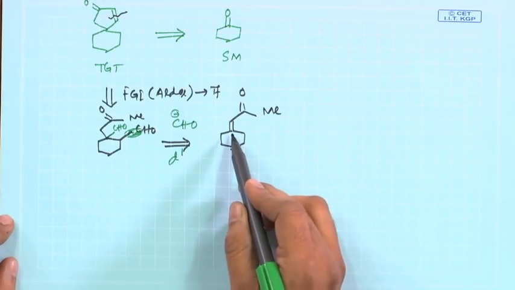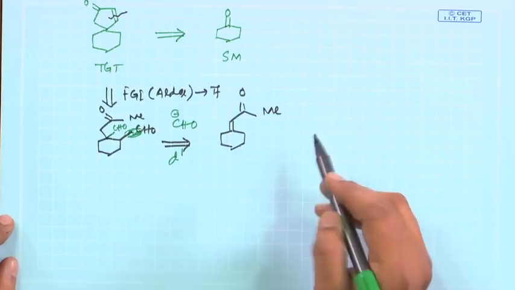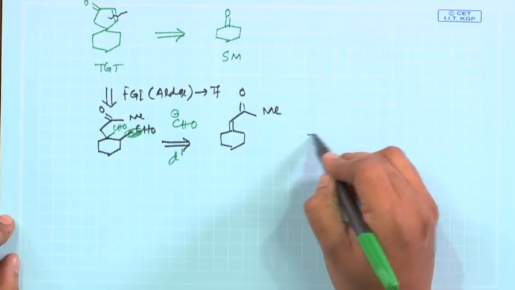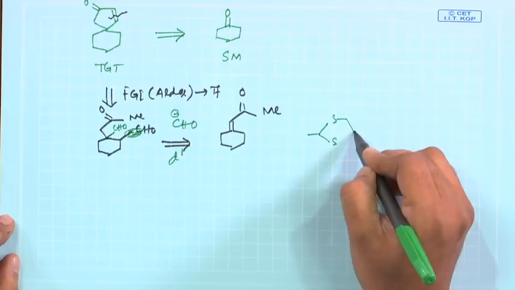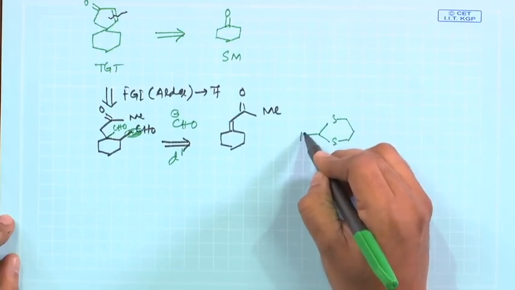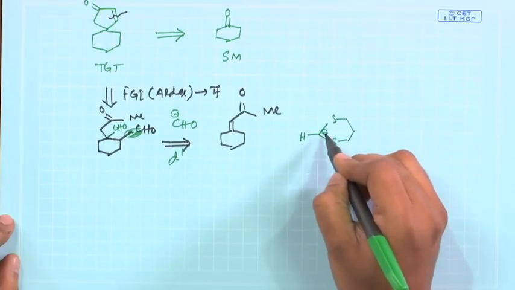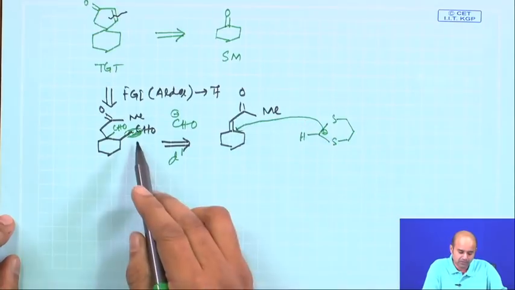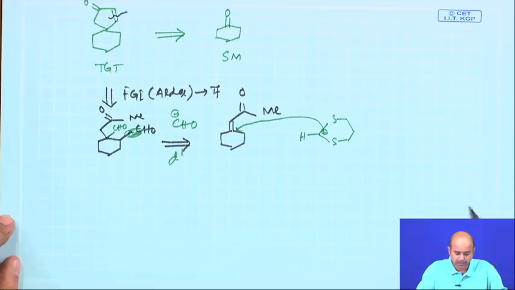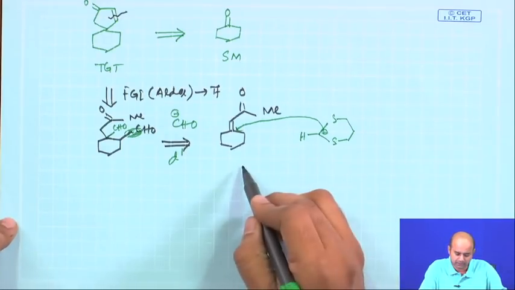Now, if you have an alpha beta unsaturated ketone, which is a Michael acceptor, and remember last discussion, if you have a species something like this, you can do a Michael directly here to come to this compound. There are other ways also, but fine, this is a simple one.